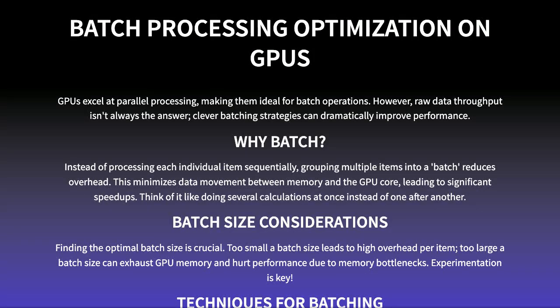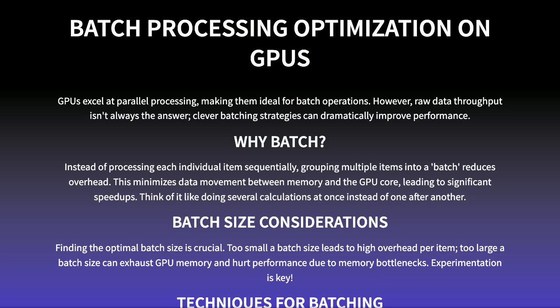Okay, let's talk about how to really make your GPU shine when it comes to processing large amounts of data at once. The core idea behind optimizing for batching is that instead of running through each individual piece of information one by one, which can be slow, we group them together into a batch. This means the GPU does all its calculations on a collection of items simultaneously, significantly reducing the time it takes to process everything.